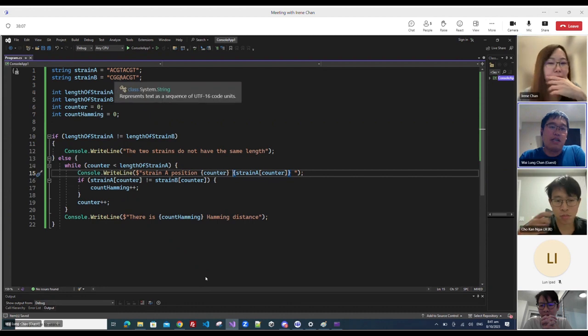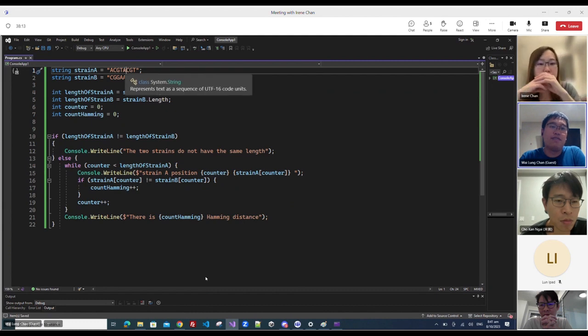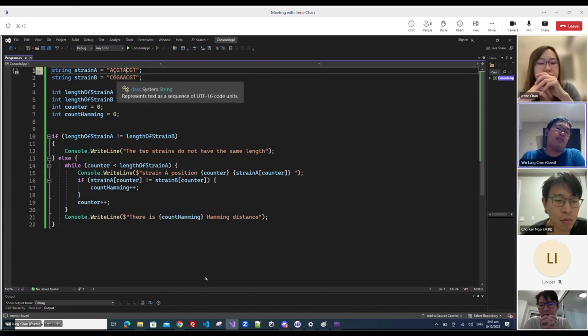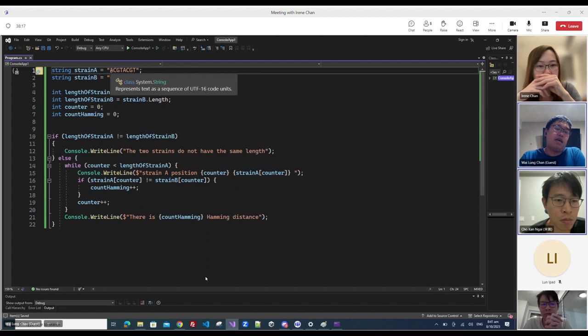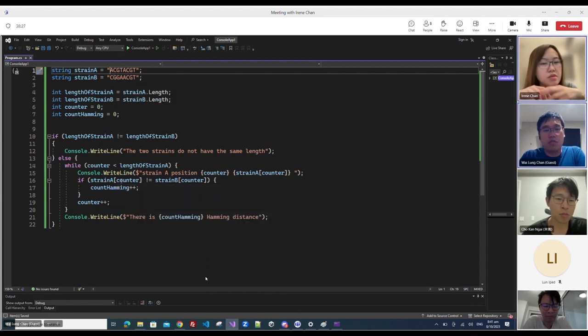So if you count for string A as 0, 1, 2, 3, 4, you get A, because a string is actually a sequence of characters. So the first position of the string is the character A here.